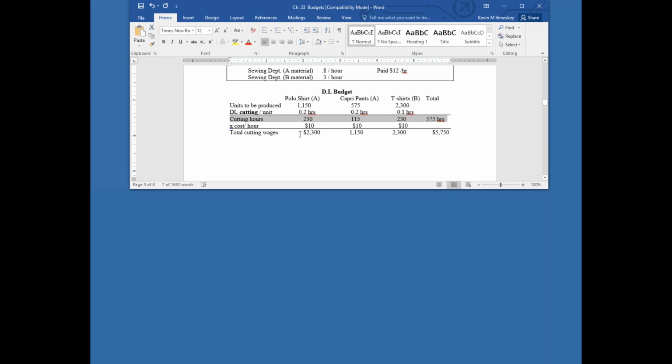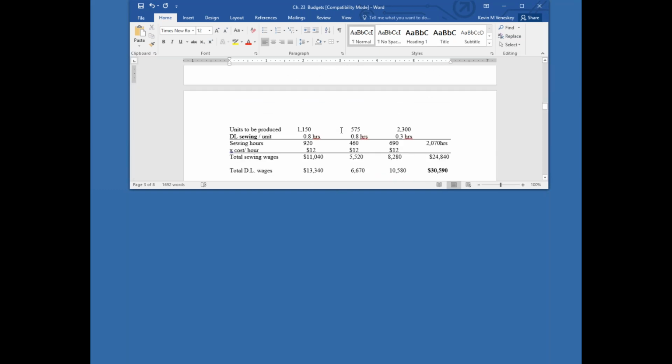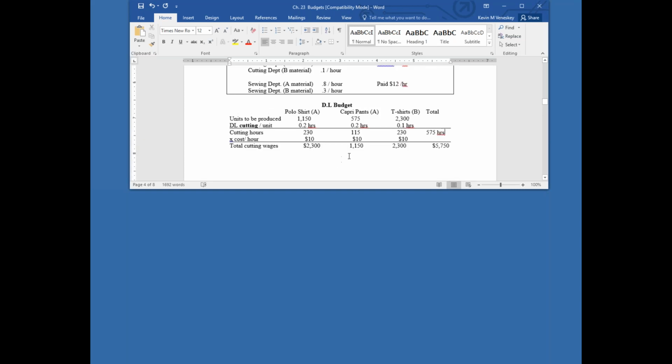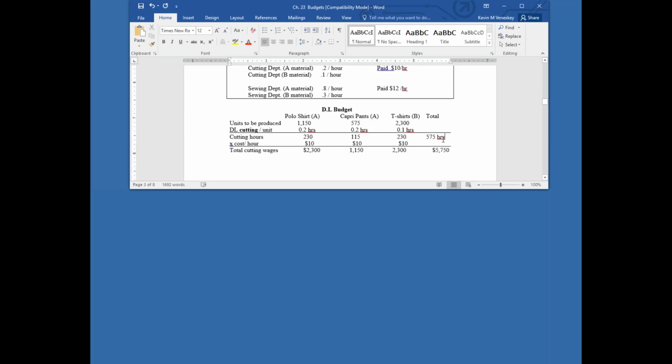I'm going to assume if somebody can cut material A, they can probably cut material B too. So I'm going to look at this number here, the 575. Our instructions tell us that one full-time person will put in 160 hours a month. If one person puts in 160, how many people do I need for 575 hours?